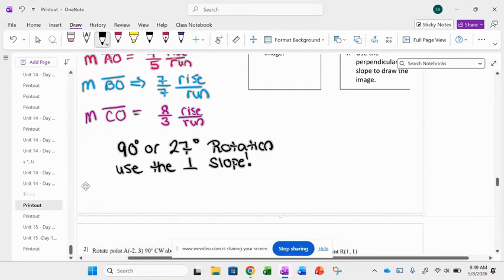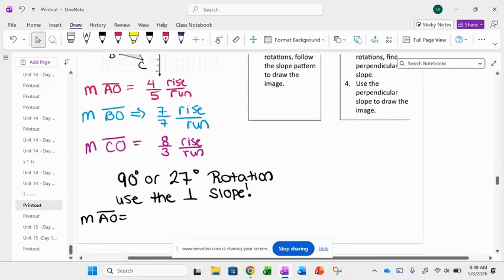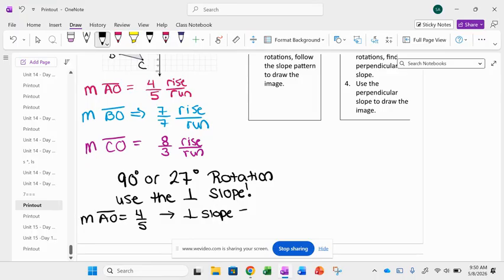What does that mean? That means if the slope of AO was 4/5, the perpendicular slope will be, who remembers? So if my line AO has a slope of 4/5, a line perpendicular to that slope would have to be what? Jed? The opposite reciprocal. So the line perpendicular to that slope would be the slope of -5/4. In parentheses, I'm going to say opposite reciprocal.